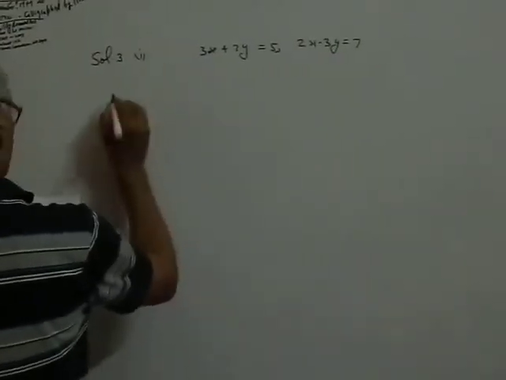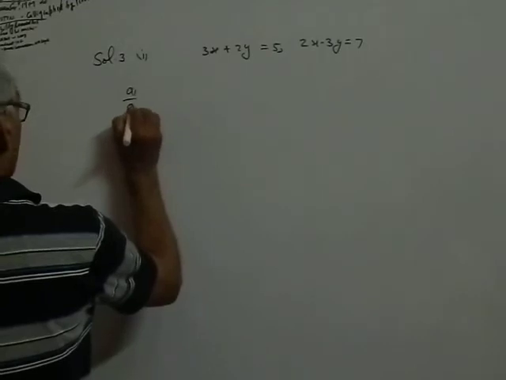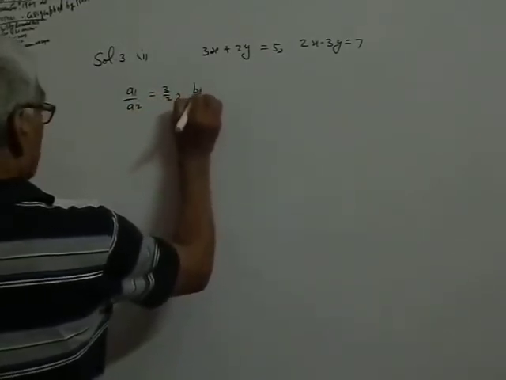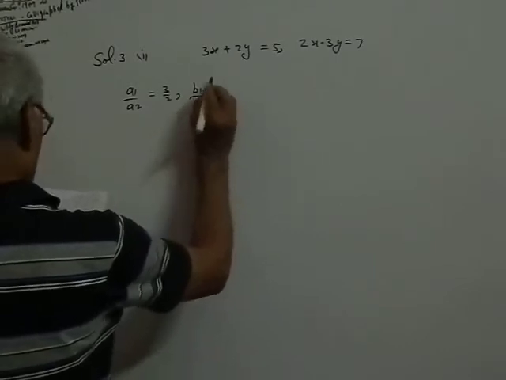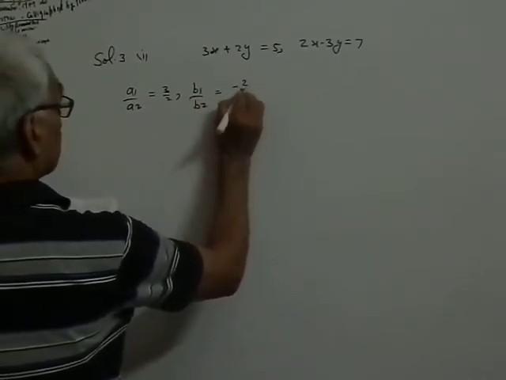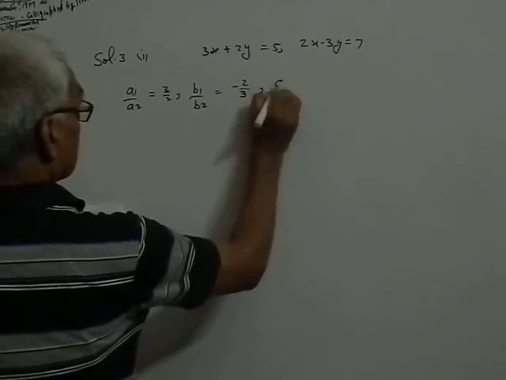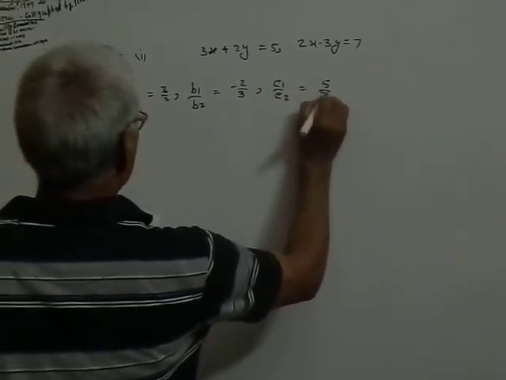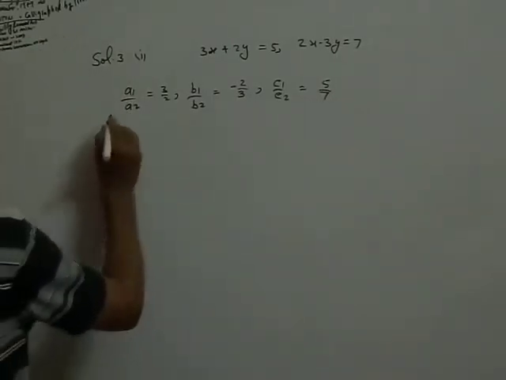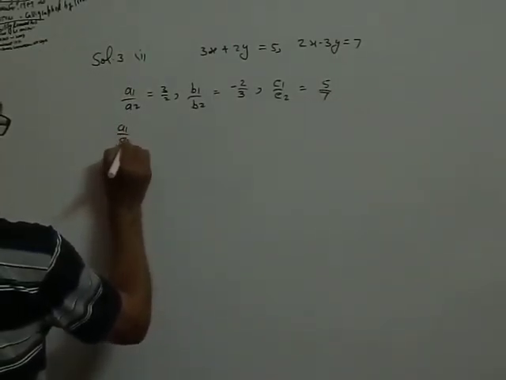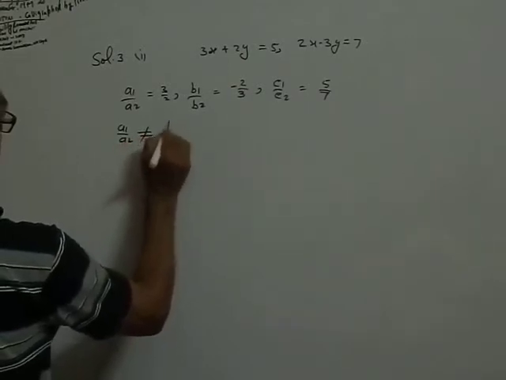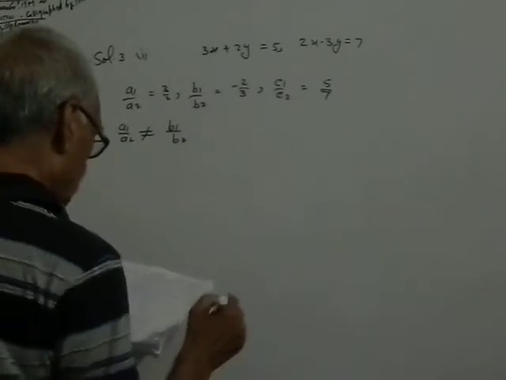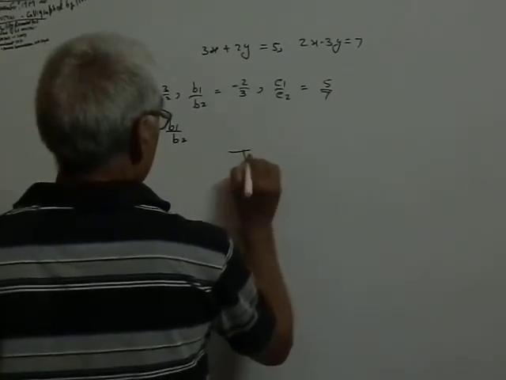Here the ratio of coefficient a1 upon a2 is equal to 3 by 2, b1 upon b2 is equal to minus 2 by 3, and c1 upon c2 is equal to 5 by 7. Here a1 upon a2 is not equal to b1 upon b2. So two lines are consistent.